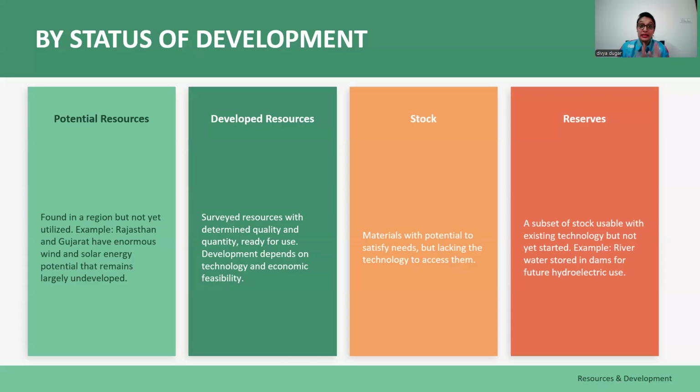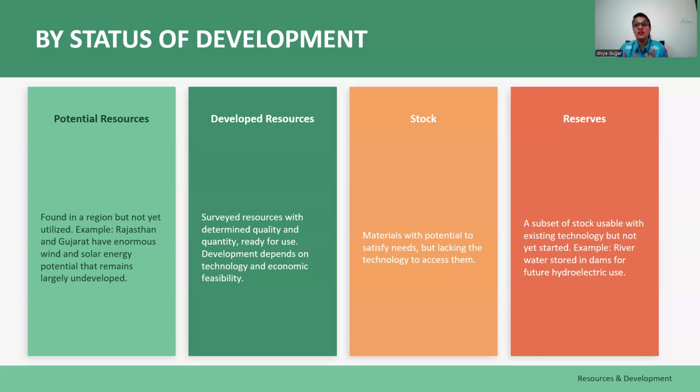Now children, again I'm repeating, potential resources means resources are there, found in the region but not fully utilized. Now developed resources are those whose quality and quantity are ready for use, and they are in use with whatever technology is available. They are ready to use, we are using them also. So they are developed resources.